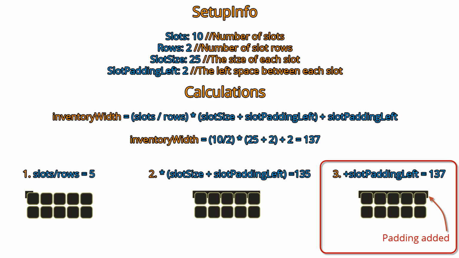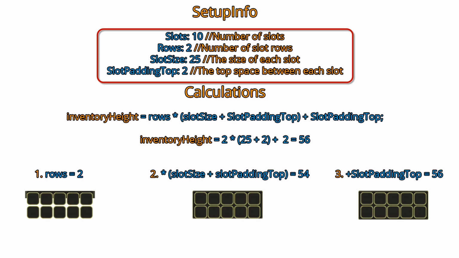When we have created the width, we need to calculate the height of the inventory. We do that in almost the exact same way, we're just going in the other direction. We have the amount of rows, the size of slots, and the slot padding top instead of left. Maybe you want a bigger gap between them from the top, then you could change the slot padding from 2 to 4, for example.